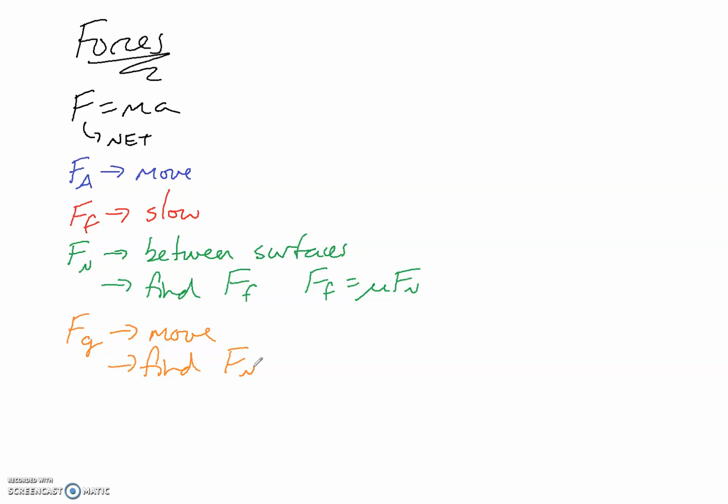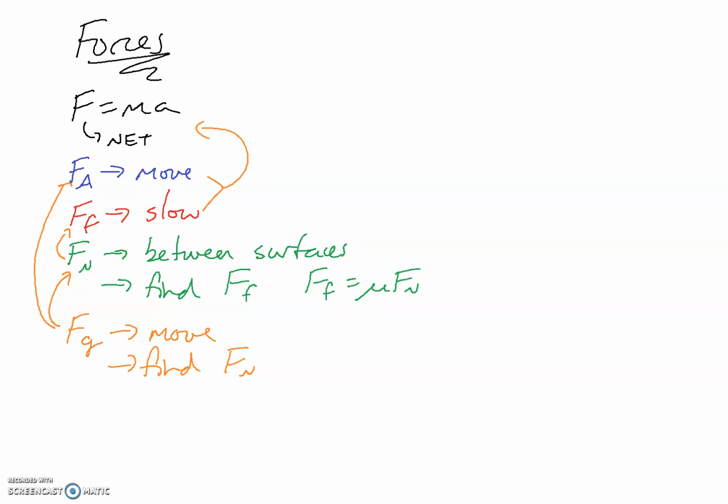The table then pushes back up, which is the normal force, and that normal force is then used to find friction. So these things often link together. Gravity is often used to find Fn, or it can be used to find applied force, and sometimes that Fn is then used to find friction, and then these two are often used to find the net force. So there are lots of different forces out there, but they're often not just by themselves. They often end up leading to other things.